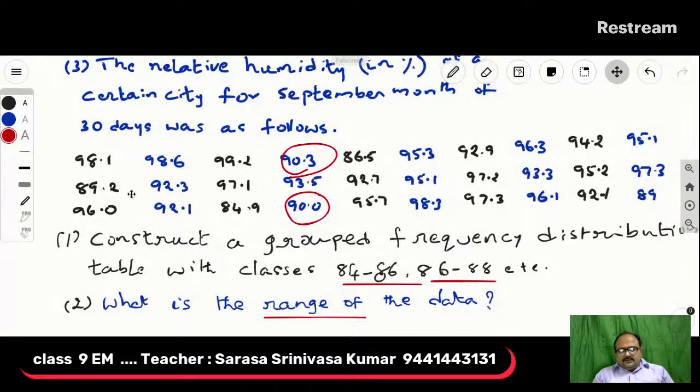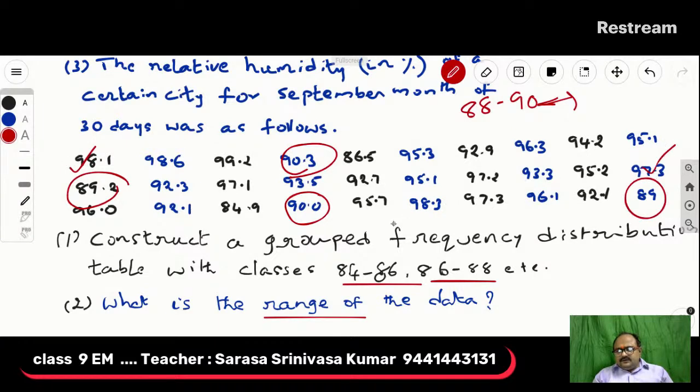In the previous class interval 88 to 90, we considered only the values 89.2 and 89. So when 90 is there, we should consider it in the next class interval, not in 88 to 90.